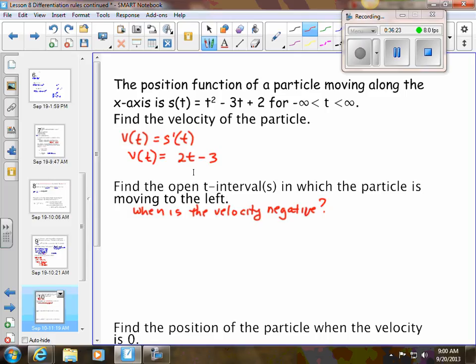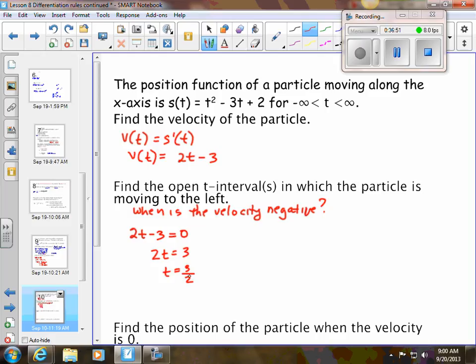This little particle at some point changed direction. It changes direction when the velocity is 0. So I begin by finding at what time the particle changes direction. So I set the velocity equal to 0 and solve for t.